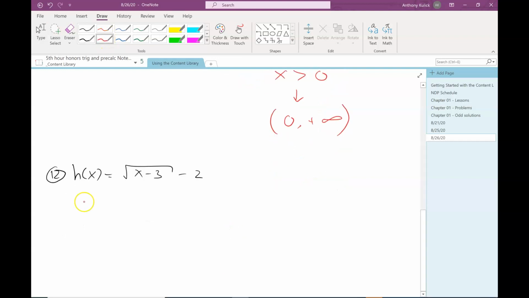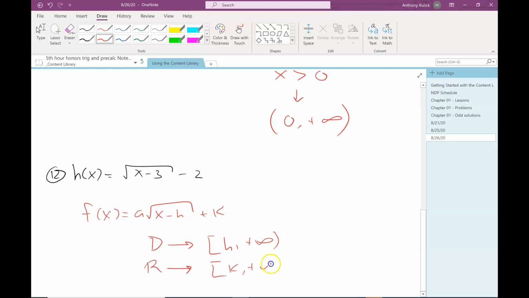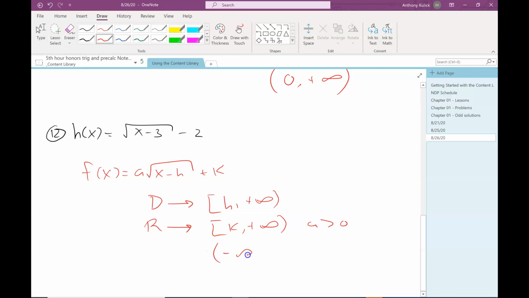You might have remembered from last year that this looks like the general form for a square root function. And you might have remembered that for a square root function of this form, the domain and range look like this. Right?